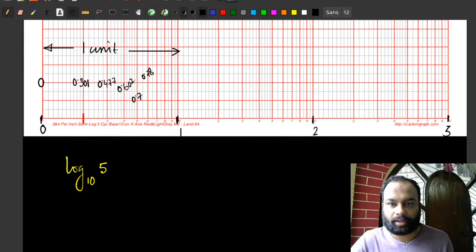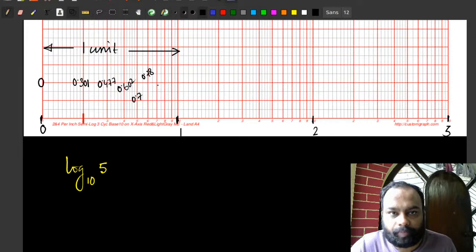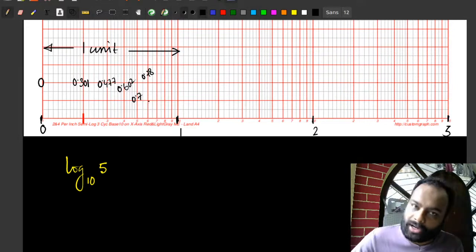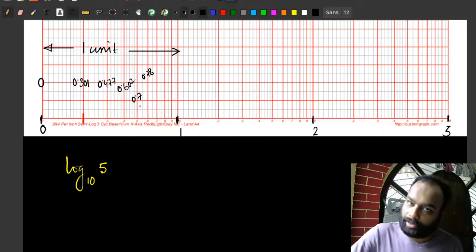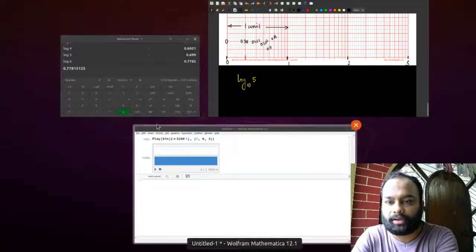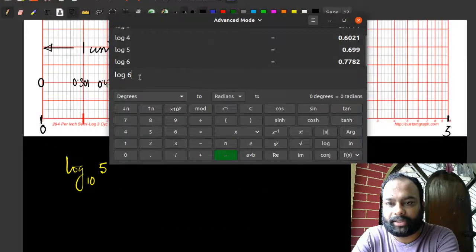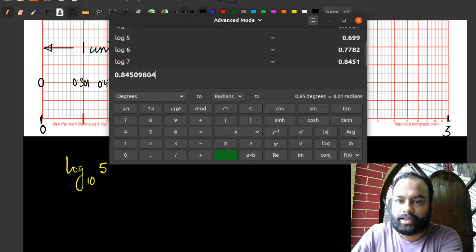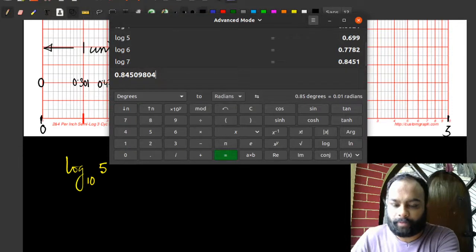Again, if you measure this distance from this point to this point, it would turn out to be log 7. How much is log 7? Let me just calculate this. Yeah, around 0.84.